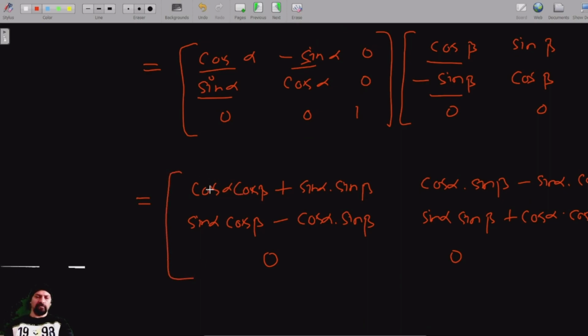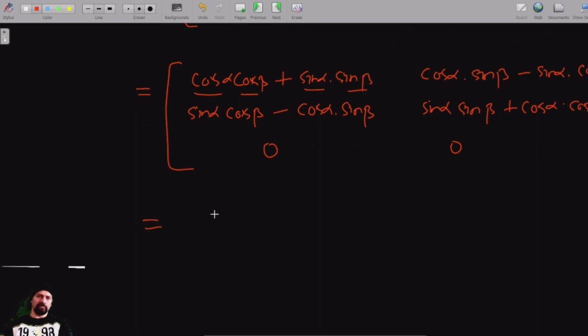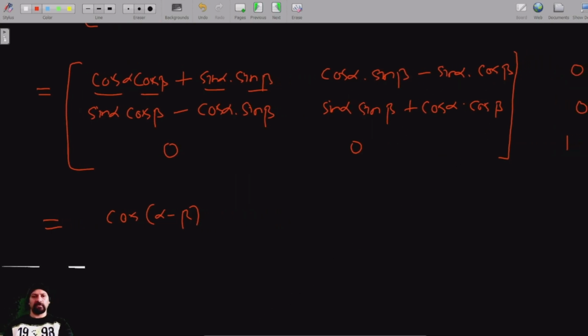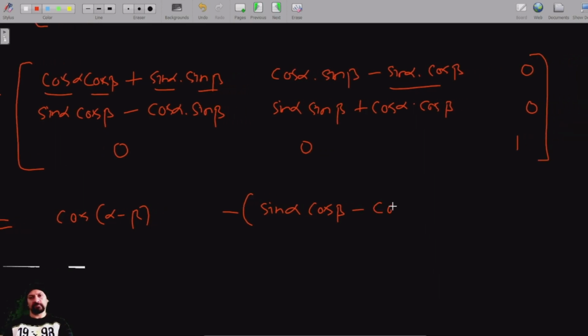Okay, now this is of the form cos A cos B plus sin A sin B, which is equal to cos of A minus B. And for this, we can take negative common. So if negative is common, then this term is positive. So this is sine alpha cos beta minus cos alpha sine beta.